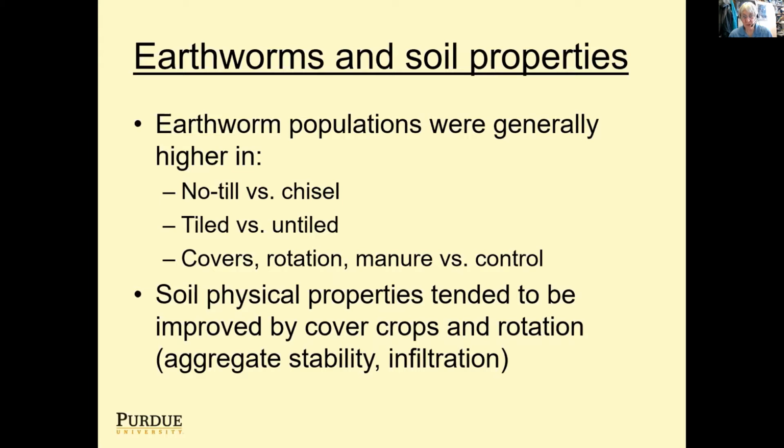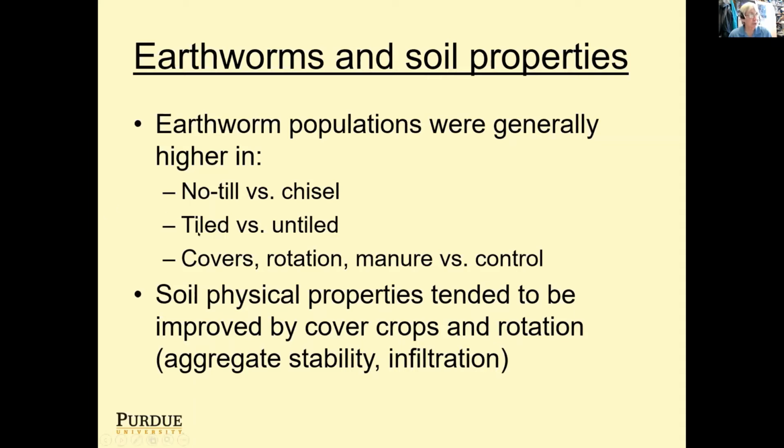I've also done some work with earthworms on and off over the time I've been at Purdue, and we were doing a lot of earthworm work at the time. So we did find earthworm populations were generally higher with certain practices, certainly no-till versus chisel, and that's been found at this project and other projects that we've looked at at Purdue and on farmers' fields across the state, as well as many other researchers.